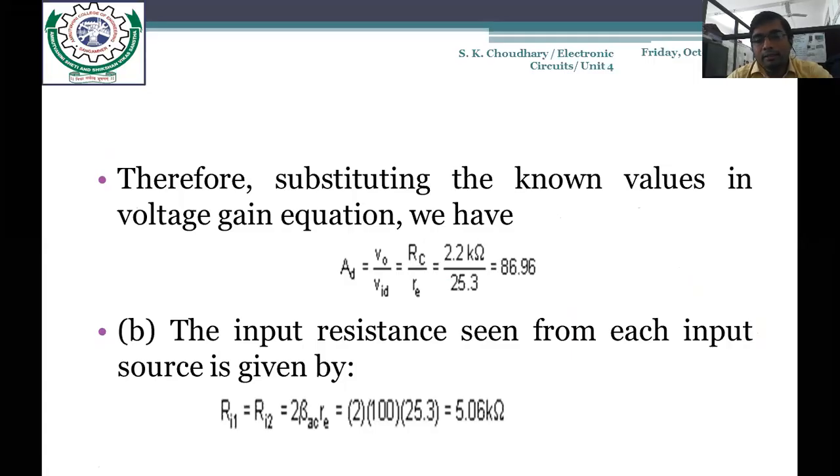AD, this is the differential mode gain, that is output upon differential input VID, that is RC upon RE dash. So when you substitute this, you get this value. That is, the gain is 86.96. This is a unitless quantity. Remember that this is a unitless quantity.